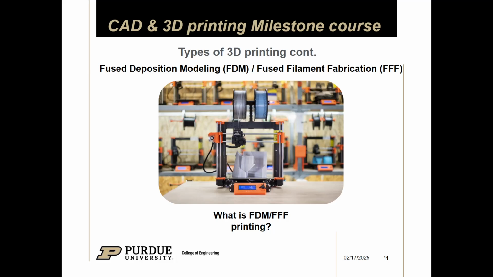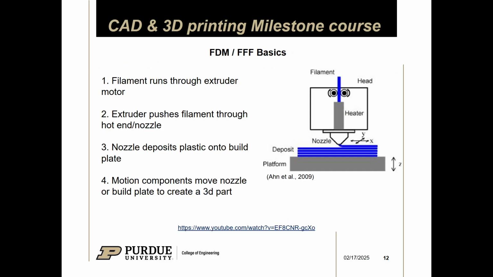So if you didn't know, FDM or FFF 3D printing basically has a really long strand of something that we call filament. It's really just a thin piece of plastic that is hundreds of meters long that feeds through a hot nozzle to get your part, right? The way I like to simplify it is it's kind of like a fancy hot glue gun on a robot, right?